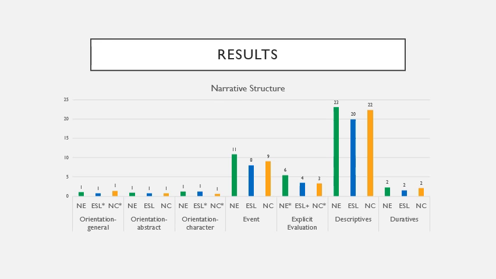And here we observe a pattern that native English speakers tend to produce more explicit evaluation clauses comparing to the Chinese participants. And this is actually inconsistent with our hypothesis and some findings of previous cross-cultural studies. Those cross-cultural studies found that Asian people, especially Eastern Asian people, are more reserved about their personal feelings compared to Westerners.